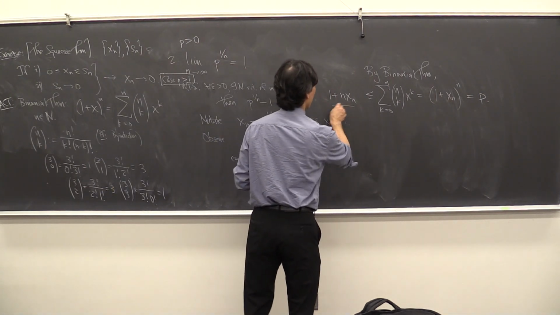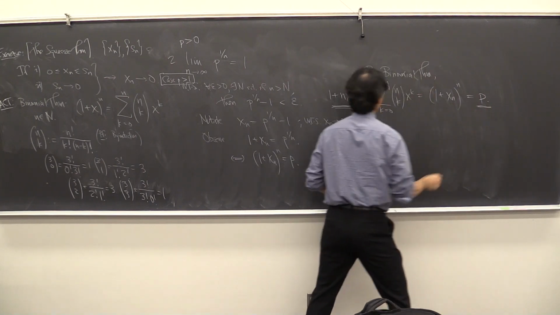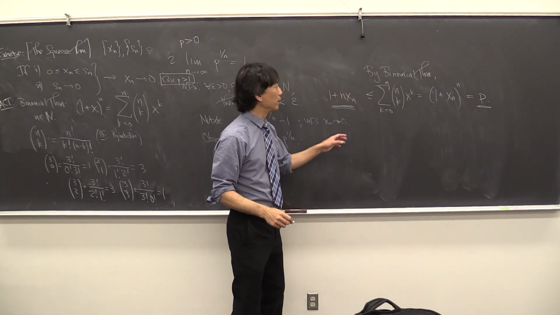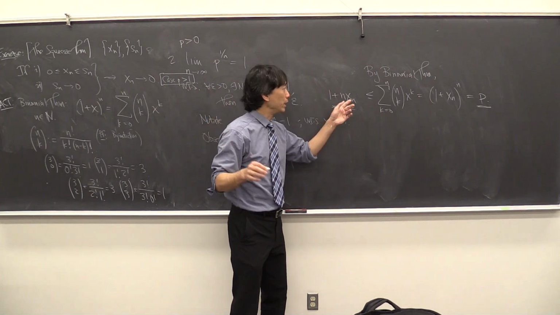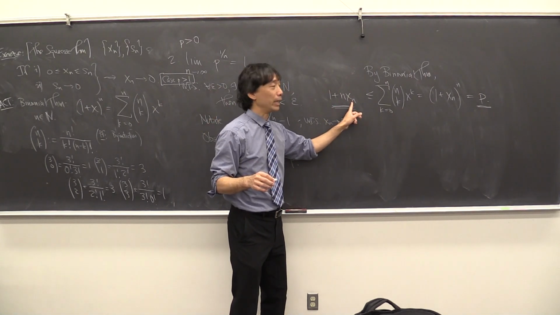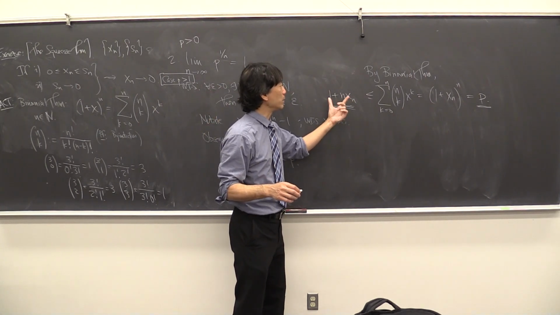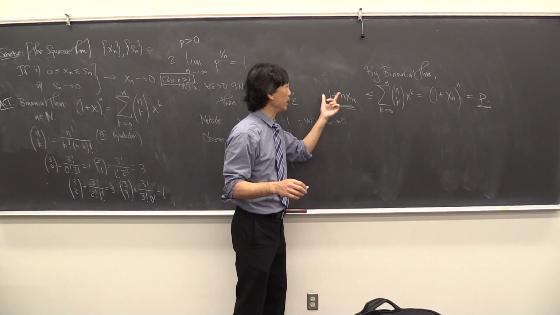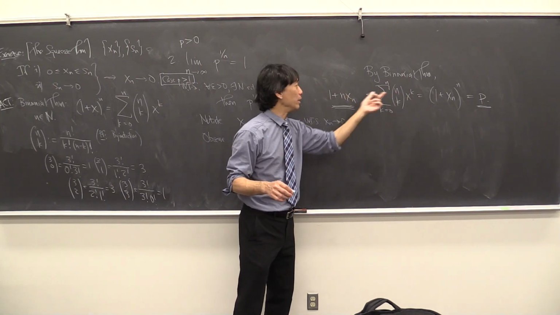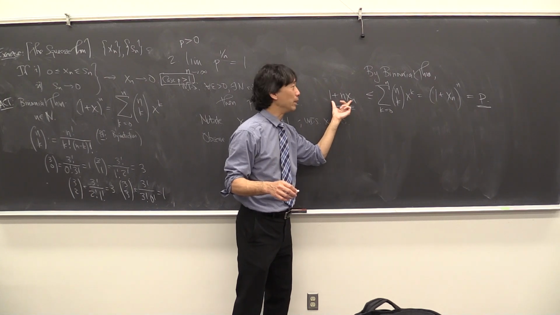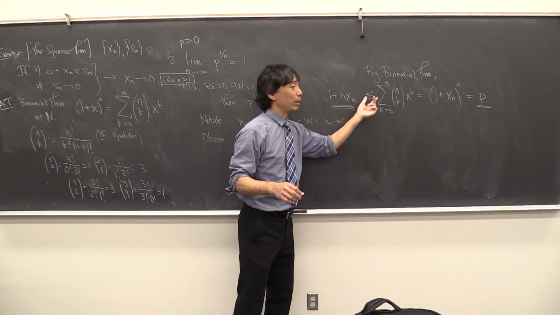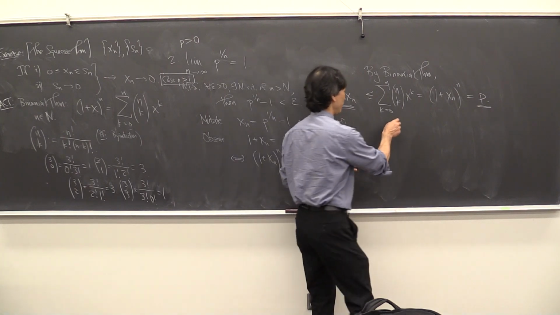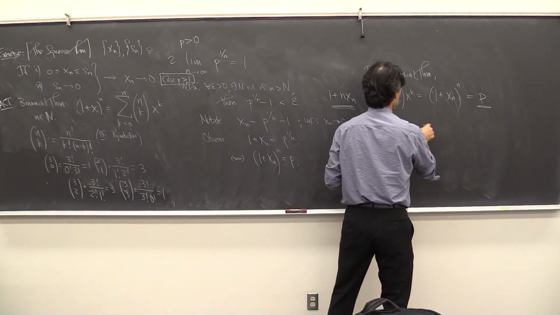So what do you see here? Why is this a good thing? We're trying to get control over x sub n. What we have here is an expression involving x sub n, bounded above. We have 1 plus n x sub n is less than or equal to p.